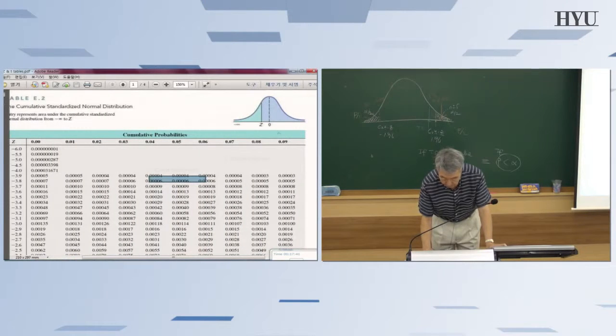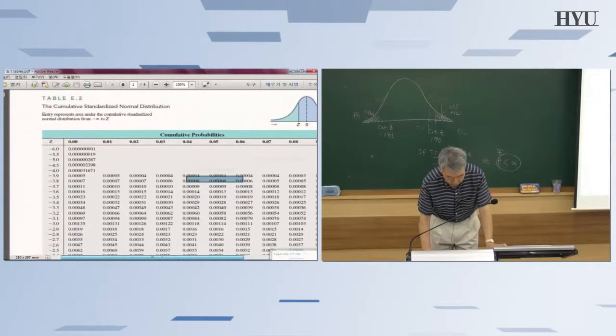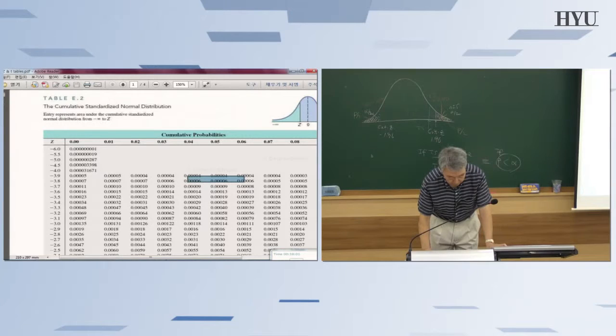So here's the example of the z-table. If you look at this illustration, this table shows this green shaded area, in other words, the left tail area outside the corresponding z statistic, right? So our test statistic was negative 2.0.